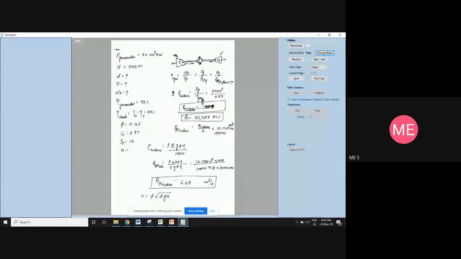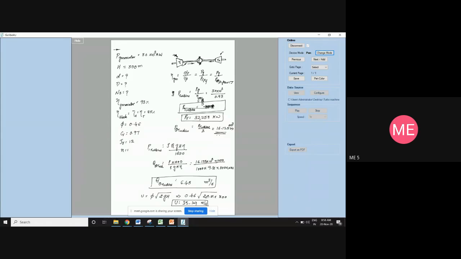So you know the speed ratio, and U I can find easily. 0.46 into square root of 2 into 9.81 into h, which is 300. So what is the value of U in meters per second? 35.29 meters per second. That is the U value.